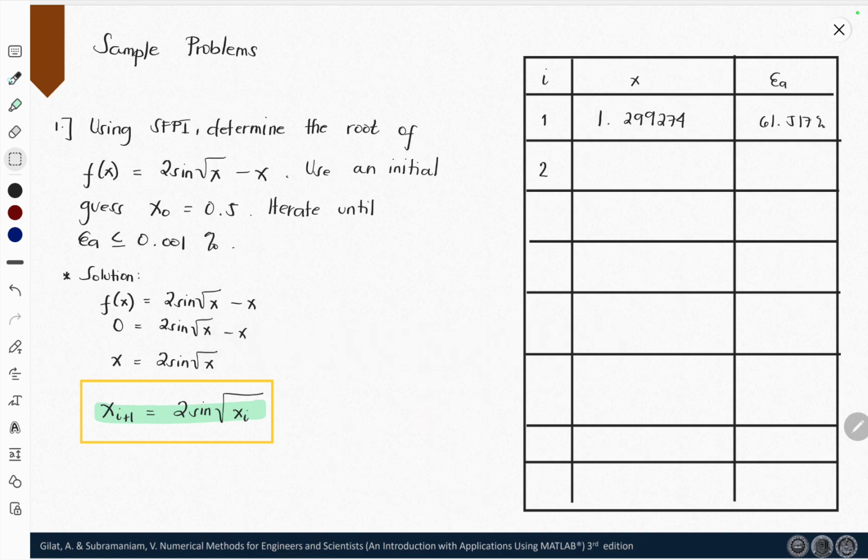Okay, so as a sample calculation in every iteration, for your x sub 2, this is x sub 1 plus 1, 2 sine square root of x sub 1, or x sub 2 is equal to 2 sine. So what is the value for x in the first iteration? This is 1.299274.